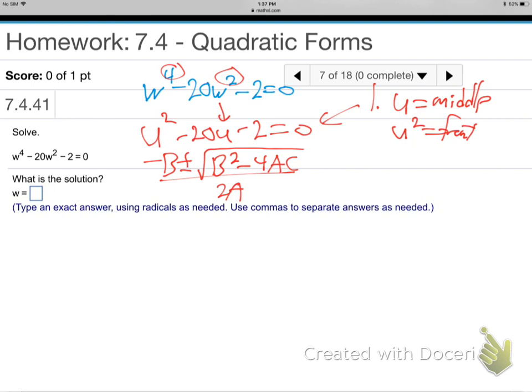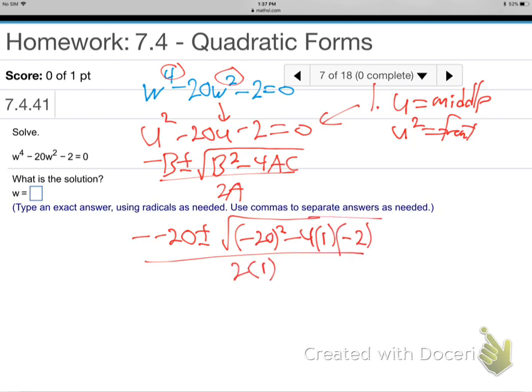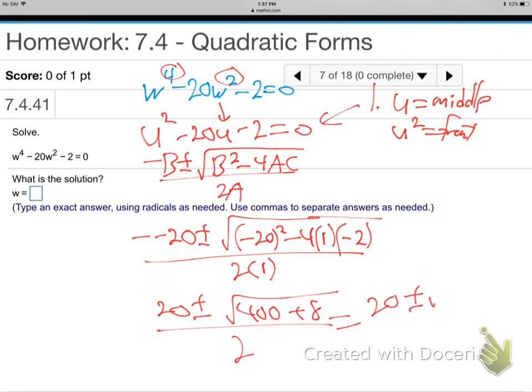So that's negative 20 plus or minus the square root of 400 plus 8 over 2. 20 plus or minus the square root of 408 over 2.